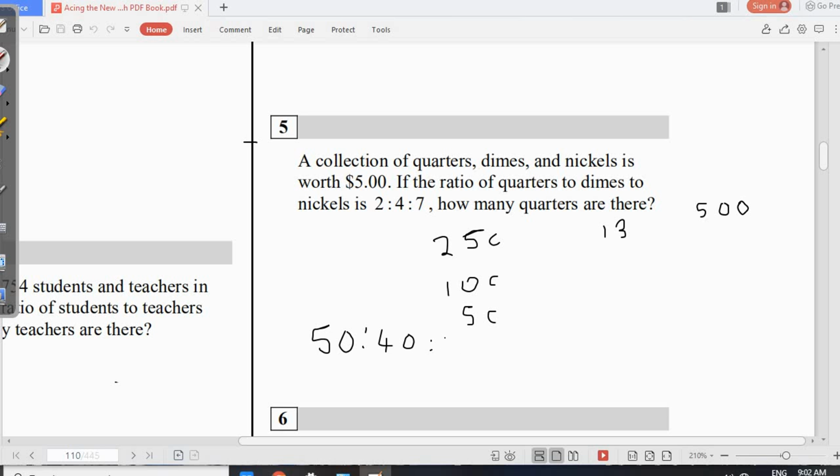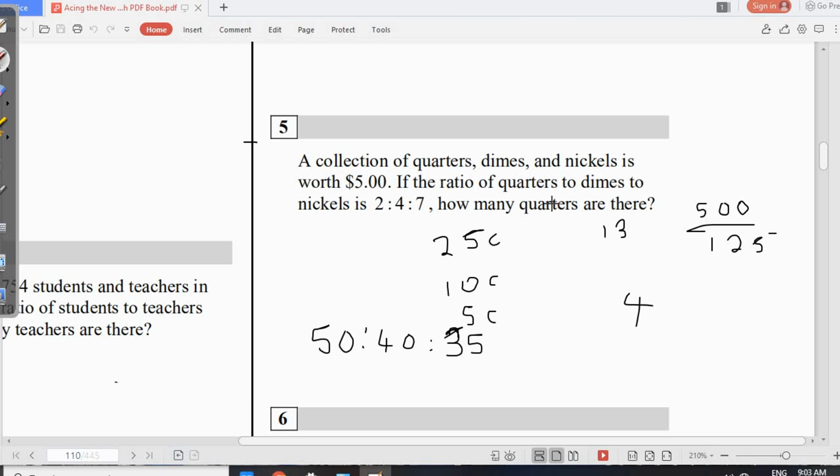This is the real ratio that shows the difference between them. Now add them together: 50 plus 40 plus 35 is 125. Divide 500 by that and you get 4.